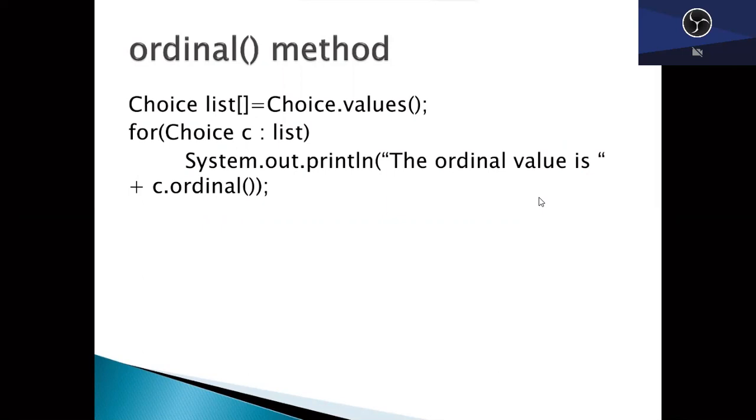One thing: the first ordinal value starts from 0. So the first value would be 0, the second will print 1, and the third will print 2. So ordinal gives you the position of the constant in an enumeration, and it starts at 0. Okay, so this is all about enumeration.